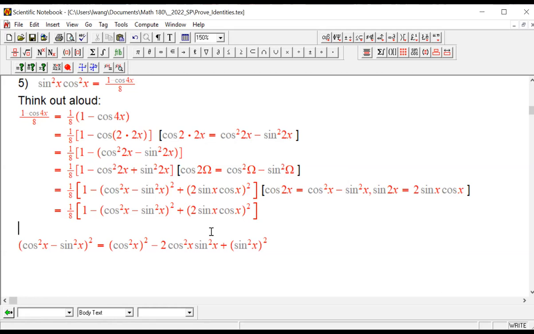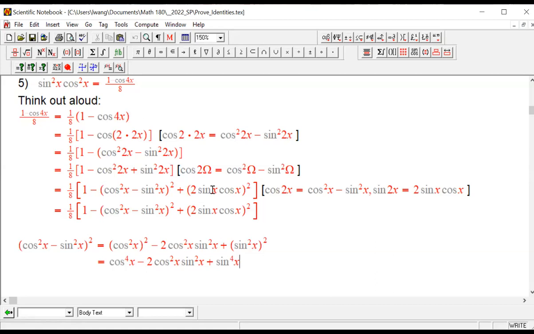If you do follow me, this is the time we can organize it, adjust a little bit. Because this piece will give us a cosine squared x, then squared, that's going to give us a cosine to the power of 4x, minus 2 times cosine square x times sine square x, plus sine to the power of 4x.